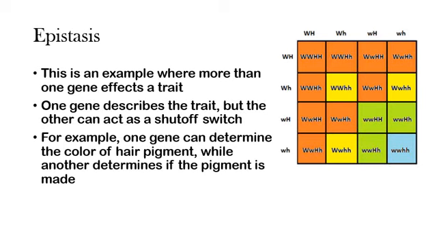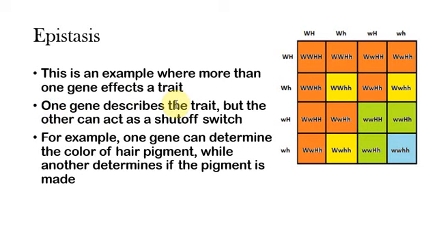Next, we have epistasis. Epistasis is when two completely separate genes will affect the same trait, or it can be even more than two, but there will not be just one gene that will influence the trait. Often the case will be that one gene will describe how the trait exists.